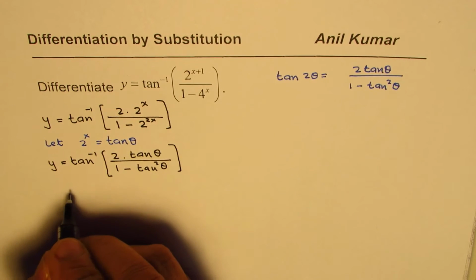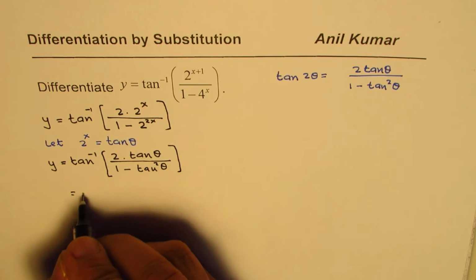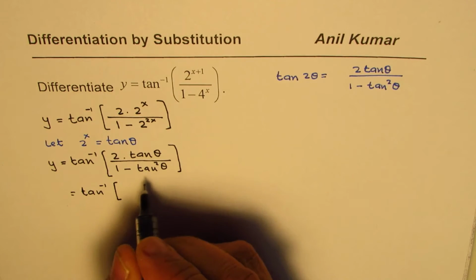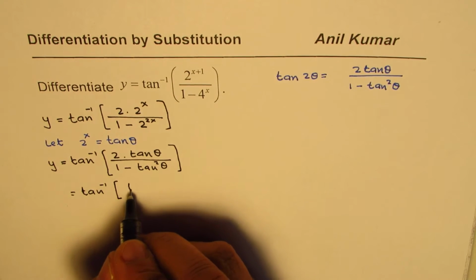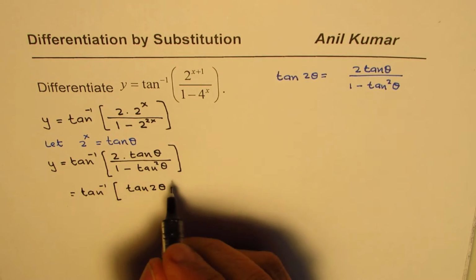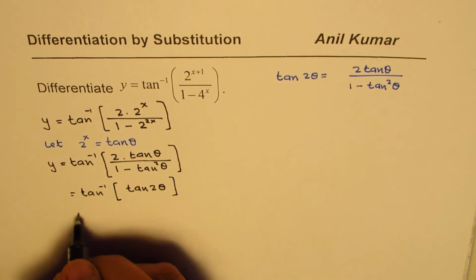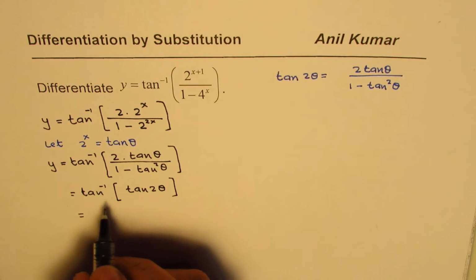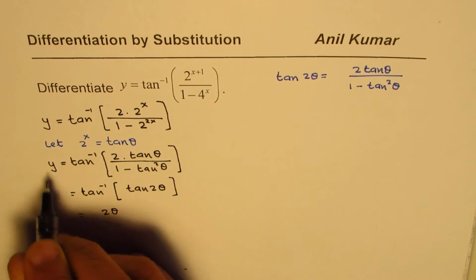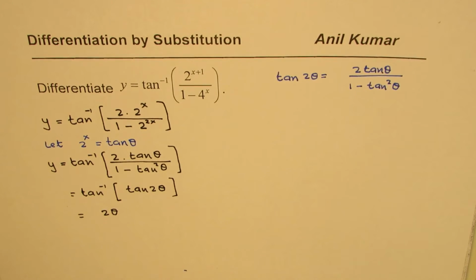So the inside function can be written as tan 2 theta. Now that gives you tan inverse of tan 2 theta, which will be 2 theta. So we have y equals 2 theta.